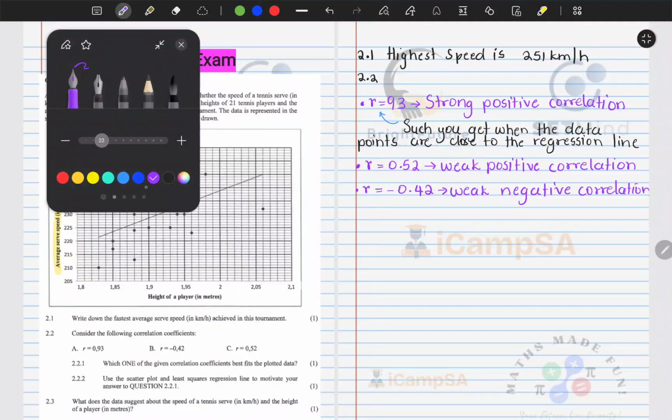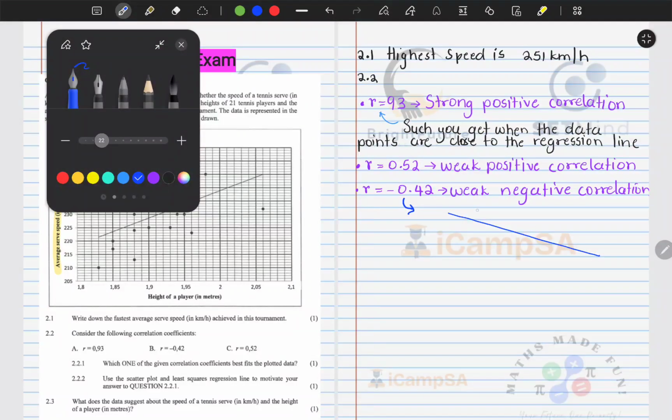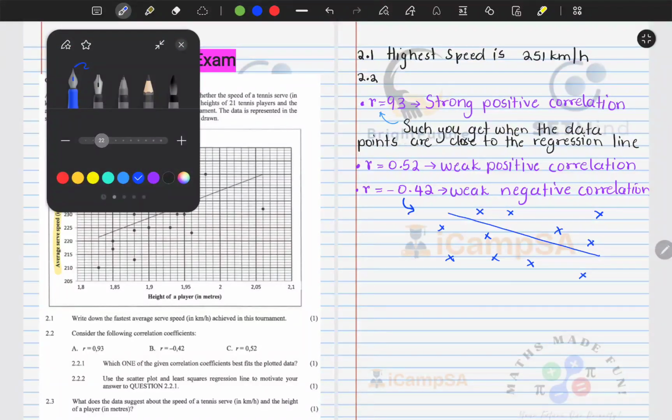With this one, your line would be something like this, and your points would be very far from the line. This would be the kind of situation you are faced with.